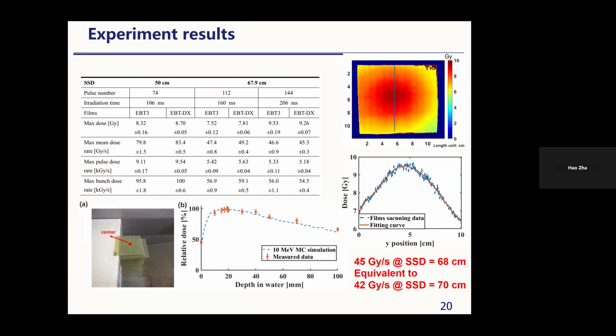The dose rate at 15 centimeters reached 18 gray per second and about 14 gray per second at 17 centimeters. It already meets the commonly accepted threshold for flash radiotherapy.